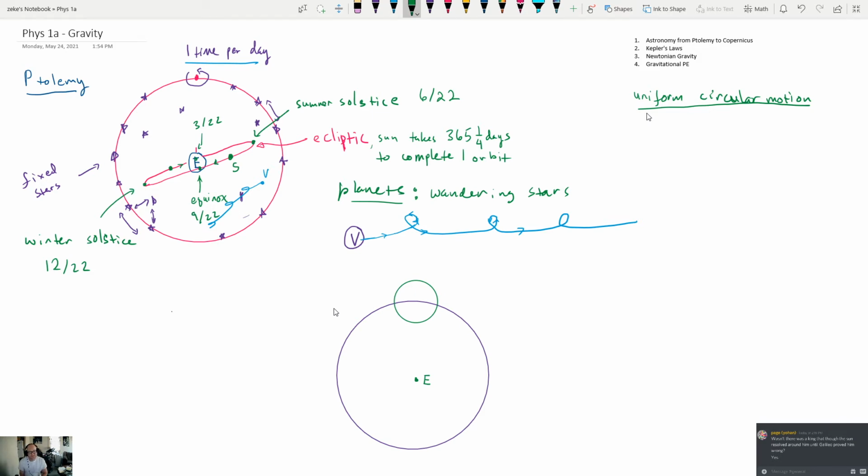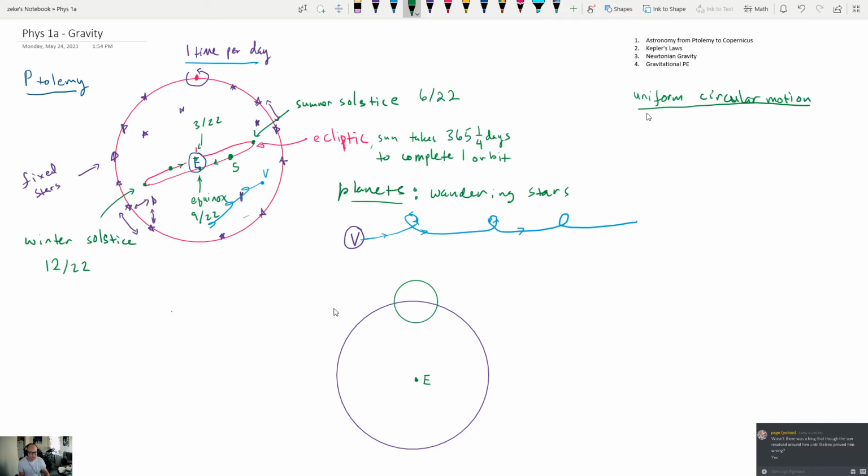They believed that if you're going to describe what something is doing in space, they didn't even call it space, what something is doing in the heavens, it better follow some type of uniform circular motion. Because they observed that the moon goes around in a circle around the Earth. Also, you can look at the moon or the sun and observe that they're perfect circles, right?